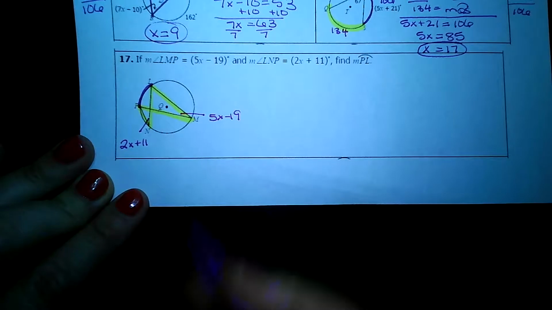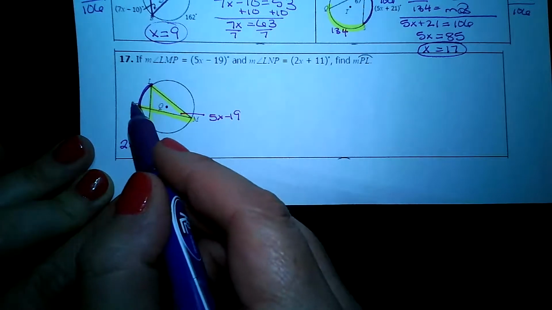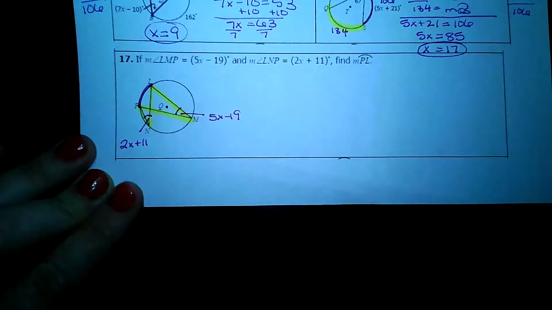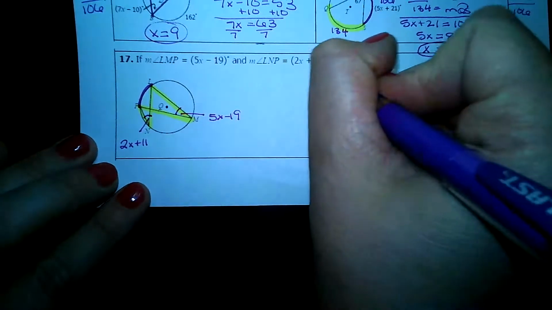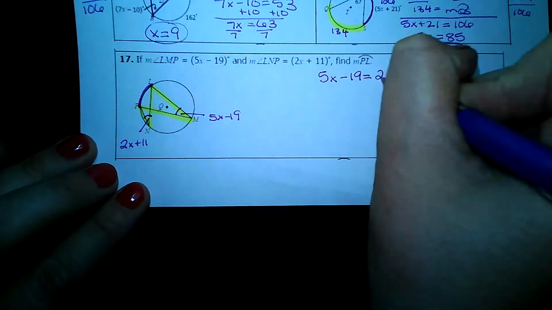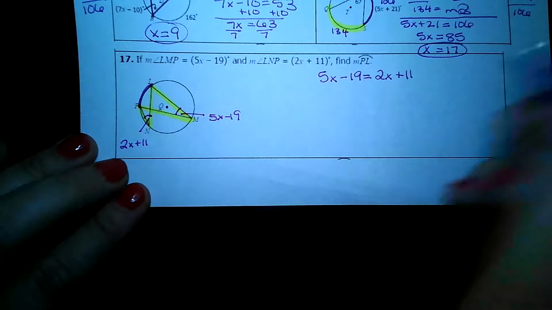Well, if both angles create the same arc, then these angles have to be congruent to one another. So the algebra I want to set up here is that 5x minus 19 is equal to 2x plus 11. The 2 angles are equal because they create the same arc.